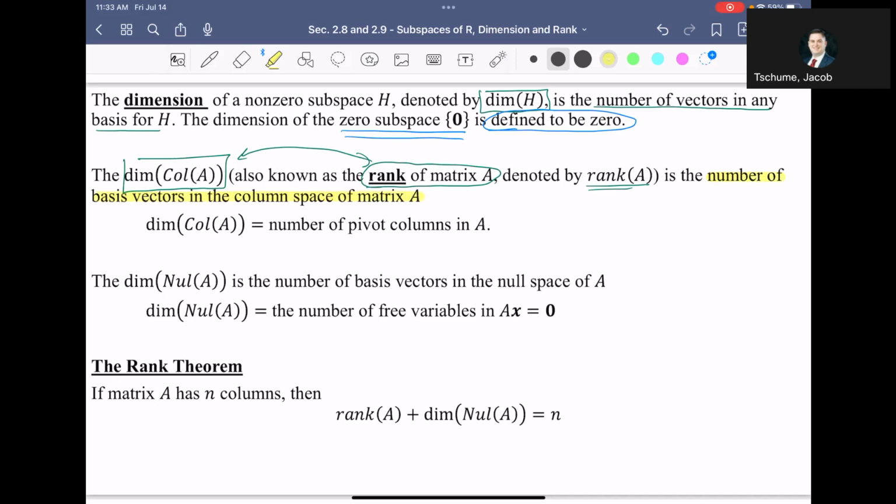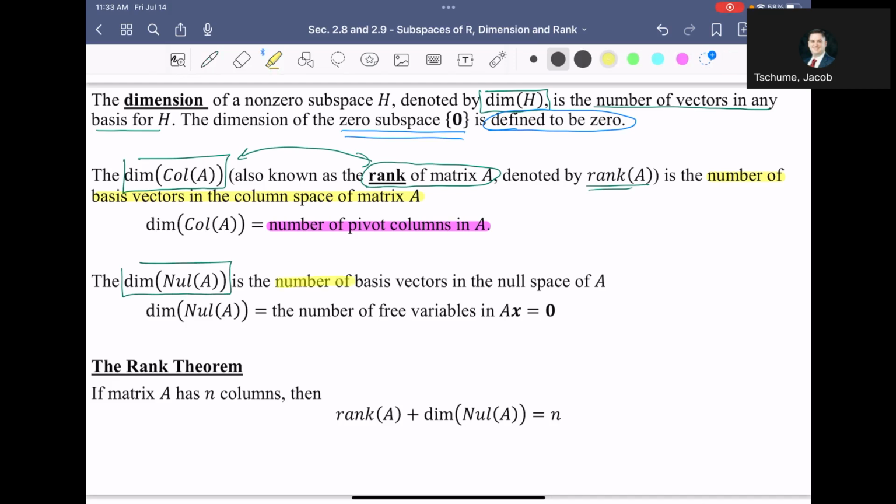And a surefire way to know whether or not you got the right number is that this should always match the number of pivot columns in A. That can also be the number of pivot positions. So however many pivot positions or columns you get, that should be the number you're using for rank of A. Versus when we do the dimension of the null space of A, there is no fancy name for this, so don't look for one.